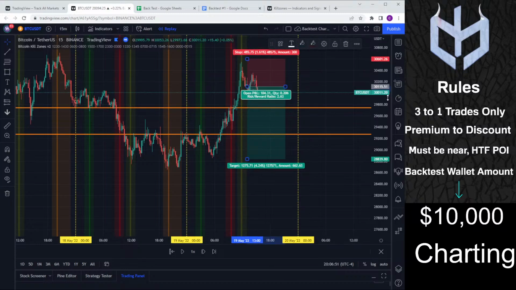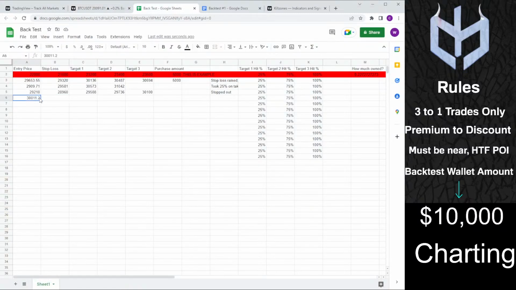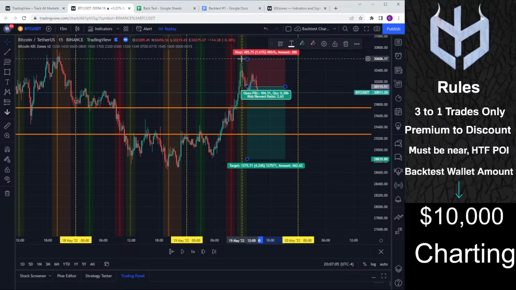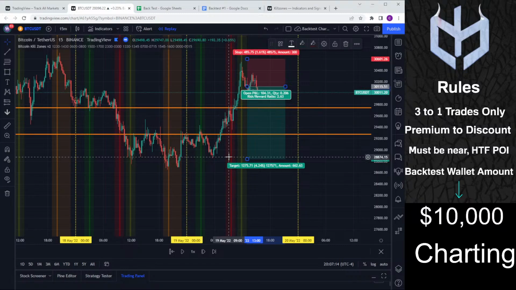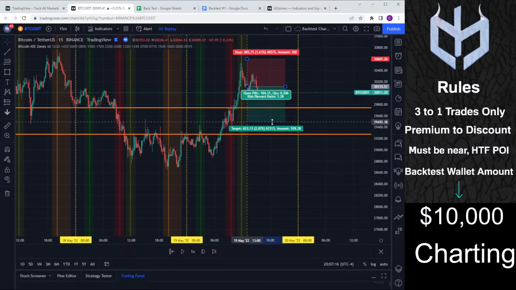I'll adjust that 30,3120. Gonna go ahead and set stop loss at 3601. First take profit at 29492.